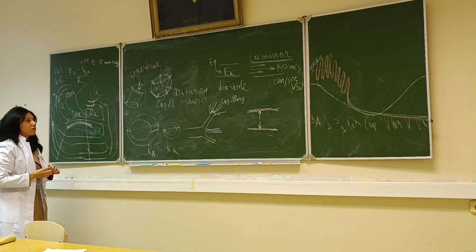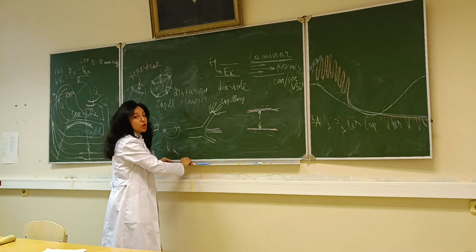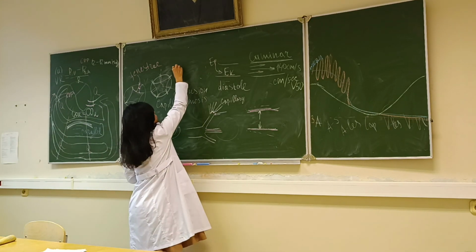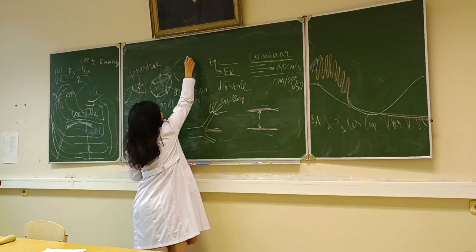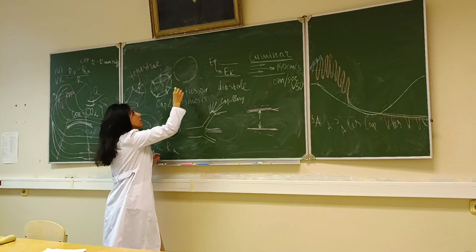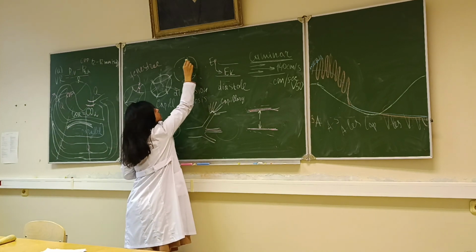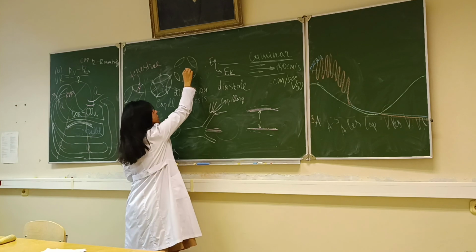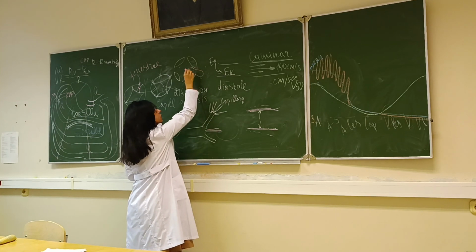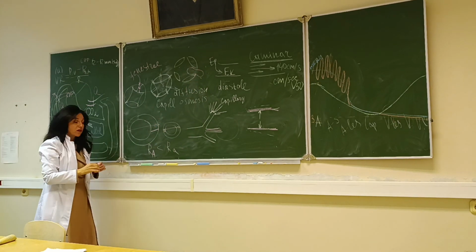And the last type of capillaries, sinusoid capillaries. Sinusoid capillaries have a broken basement membrane, with spaces between basement membrane parts, and they are permeable for formed elements, erythrocytes.